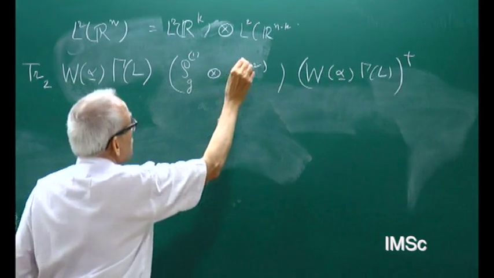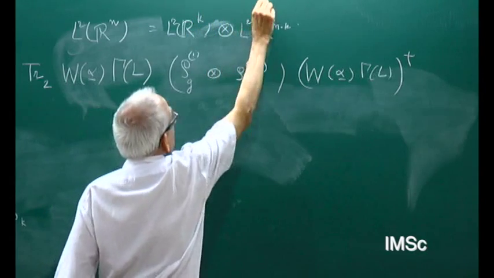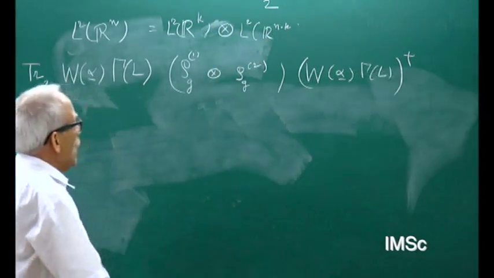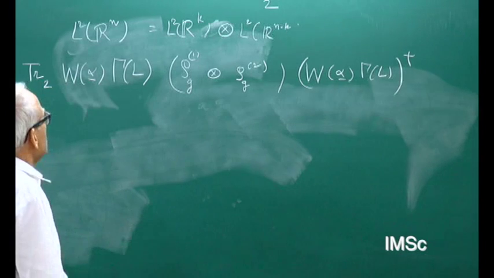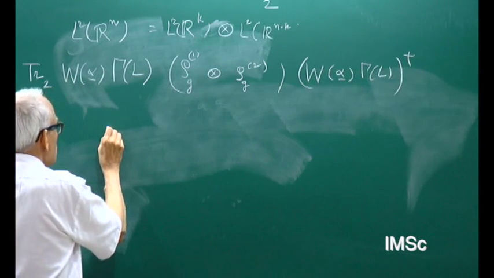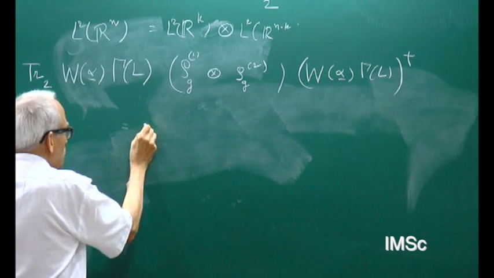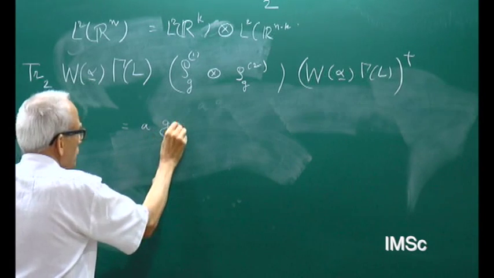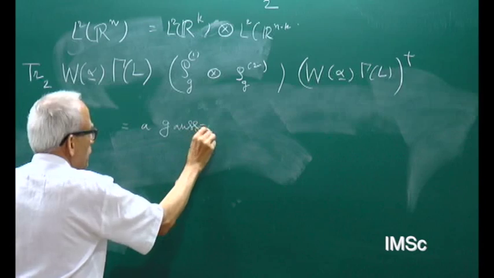This is the first Hilbert space, this is the second Hilbert space. So apply the dynamics and contract. That will again be a Gaussian state, if you combine this.